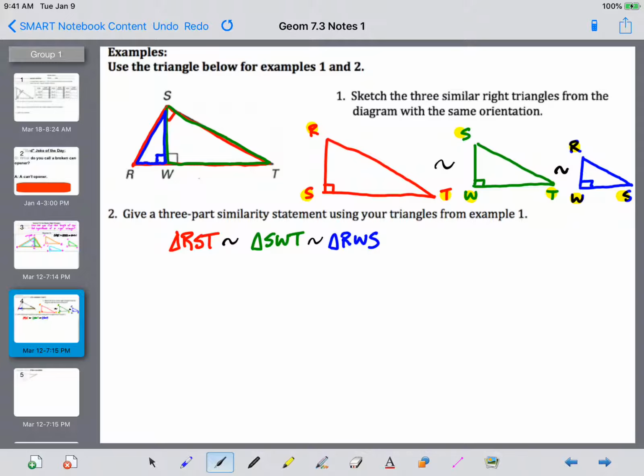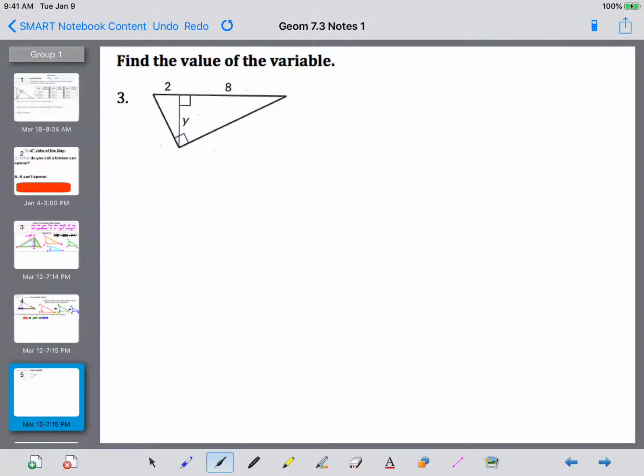Now in the last two examples, we're going to throw some side lengths in and see if we can find missing variables and lengths and all that fun stuff. For example 3, I always recommend starting the problem the same way: draw the three triangles separately. If you try to do it without doing this, that's usually where students run into problems.